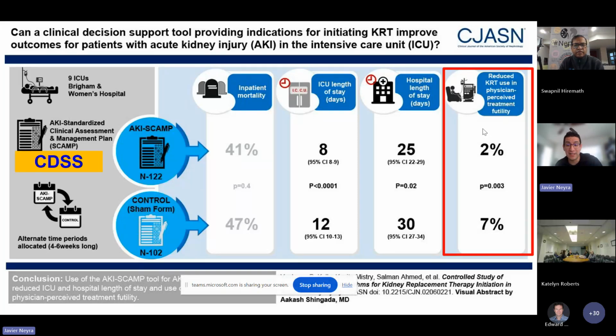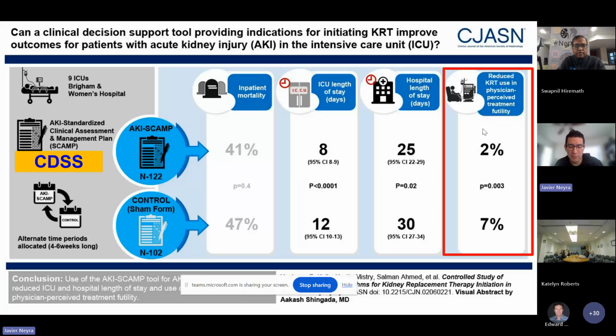And the outcome that captured my attention, that I think is always underestimated, was the reduced use of RRT when the physician perceived the treatment was going to be futile. That was a statistically significant difference between the two groups, which is important, because if you see the epidemiology of patients with AKI requiring RRT, particularly in the ICU, there is a group of patients with early mortality in the first 24, 48 hours, and that fluctuates around 10 to 12% of patients that have this phenotype.